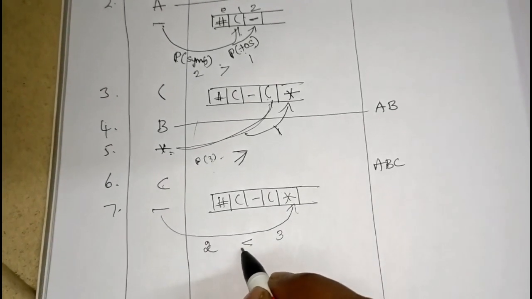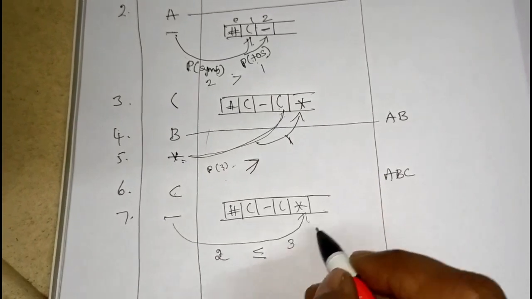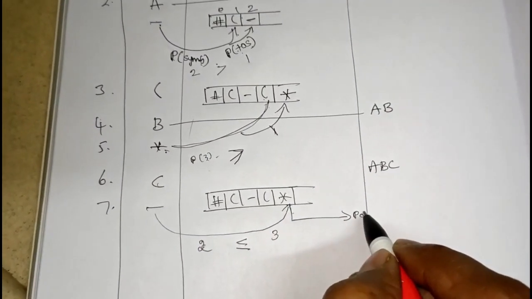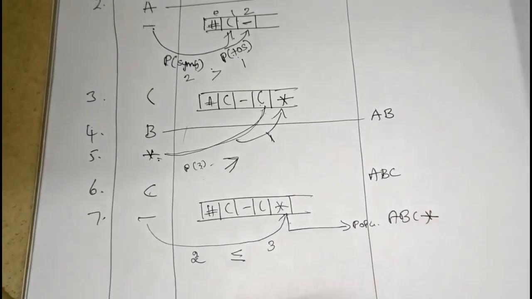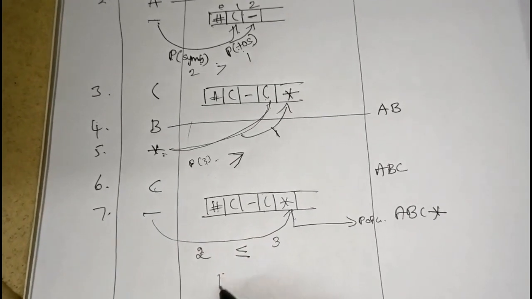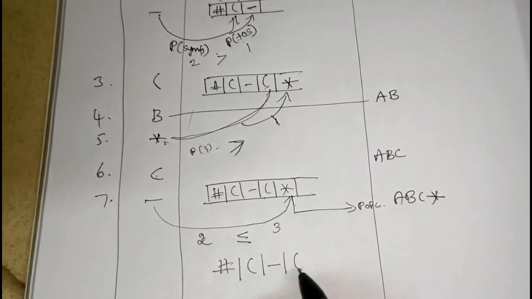So this is less than or equal to. If it is less than or equal to, what am I supposed to do? I have to pop and store. So ABC star. Now what is the remaining one? I have hash, open parenthesis, minus, open parenthesis.